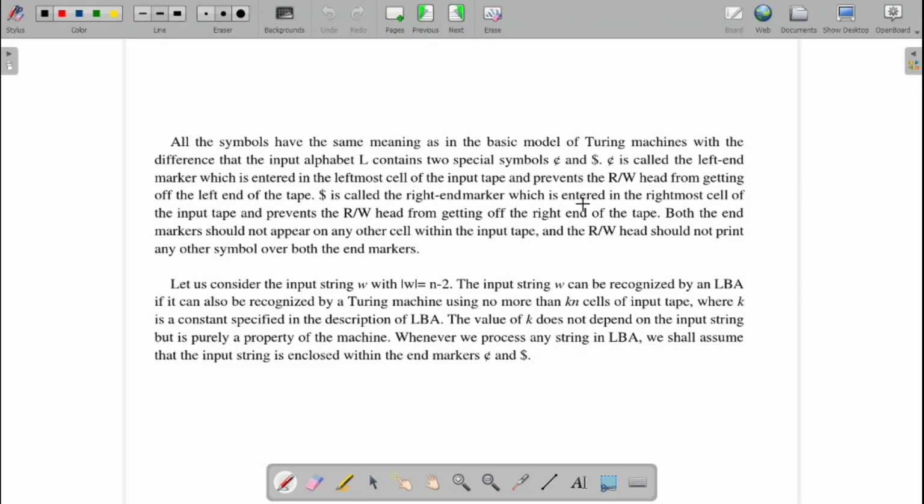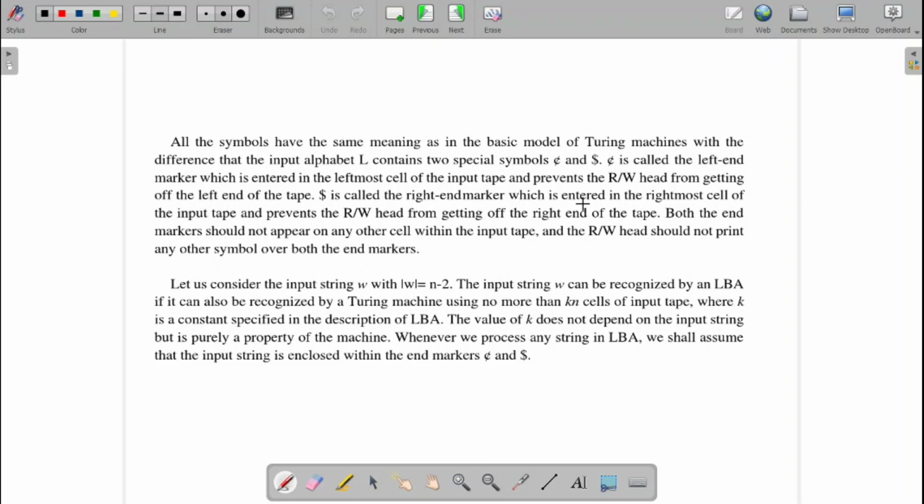That is, to limit ourselves within our working region, we are using the symbols ¢ and the dollar. ¢ is used as our left end marker and the dollar is used as our right end marker. So we should take care that we won't go beyond the ¢ and the dollar symbol. We are limited to work only within those end markers.